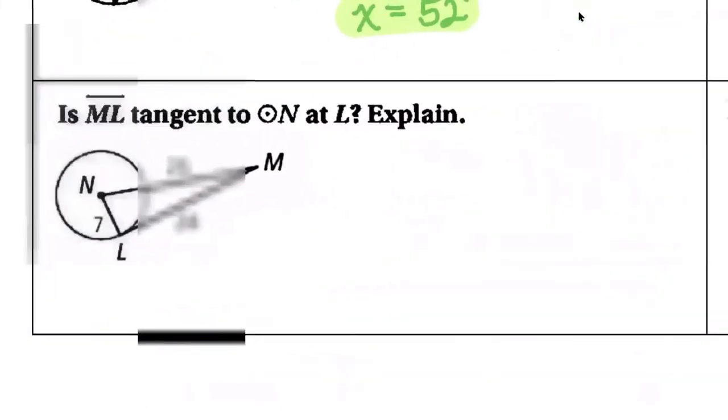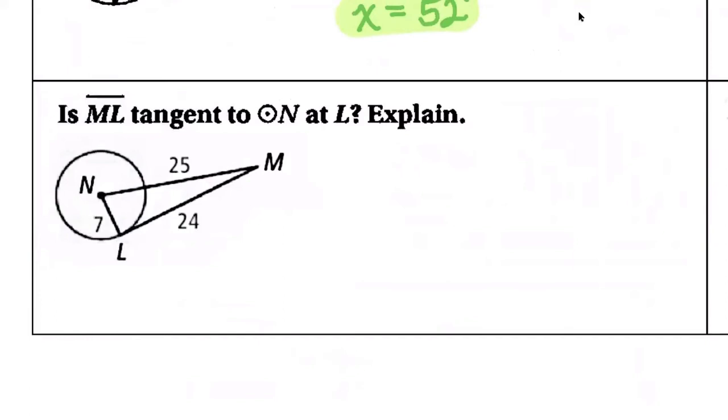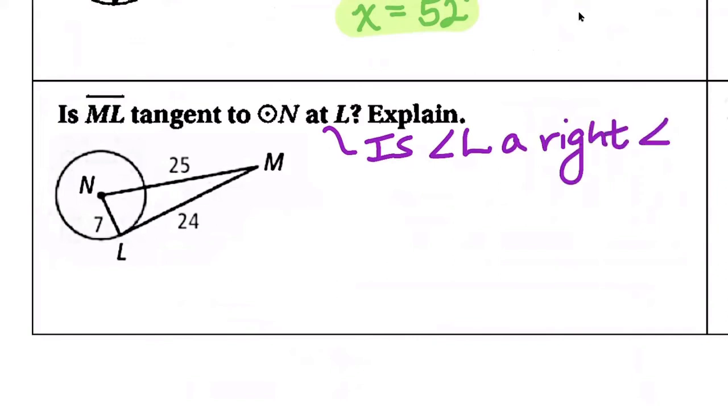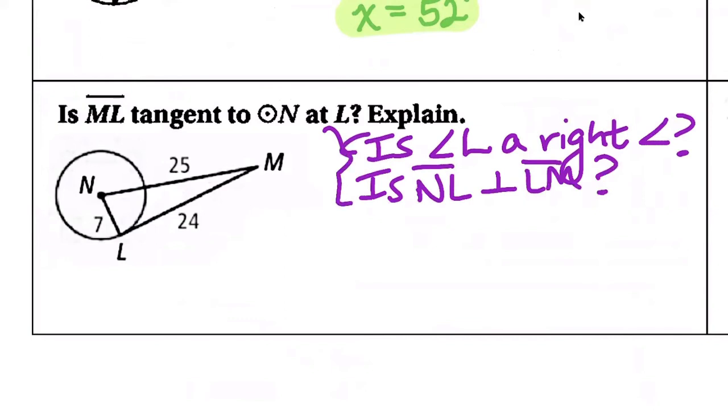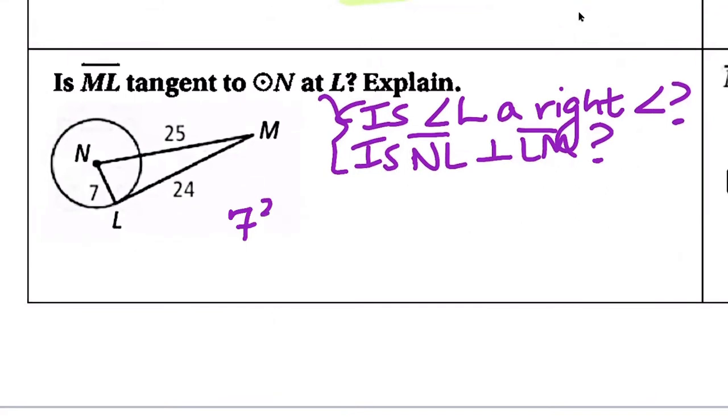Okay, next problem. Is segment ML tangent to the circle at L? Well, what that's basically asking you is, is angle L a right angle? Or is segment NL perpendicular to segment LM? Those are the same things, right? Okay, so let's see. 7 squared plus 24 squared. We want to know, is that equal to 25 squared?